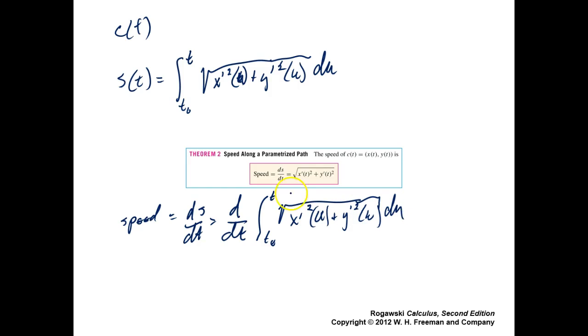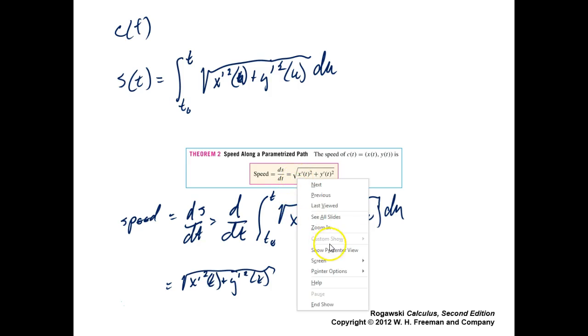But the integral undoes the derivative there, and since this is a t up here, we just plug it in there, so now the speed is equal to the square root of x prime squared of t plus y prime squared of t. Okay. Which is exactly what they give here.